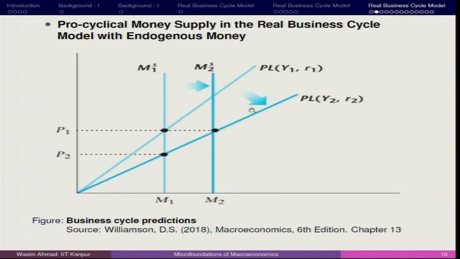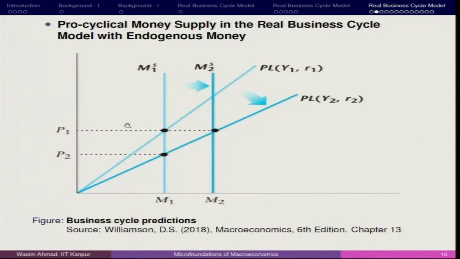Because of that, we also see the demand for money rising. If the central bank's role is just to maintain price stability, then the price level does not change, but the demand for money changes, and the rate of interest plays an important role.